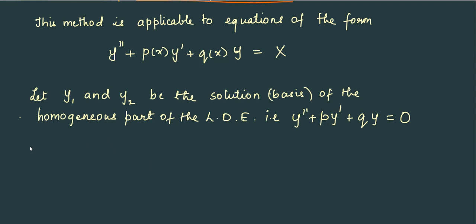Then how to find the particular integral? In this method of variation of parameters, I will write the total complementary function: y is equal to c1 y1 plus c2 y2.